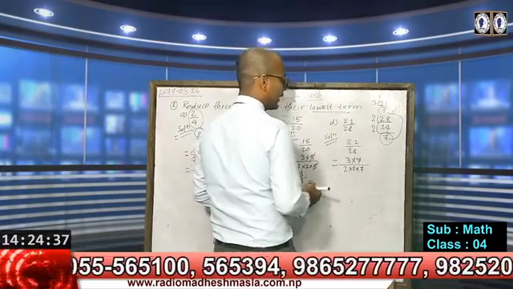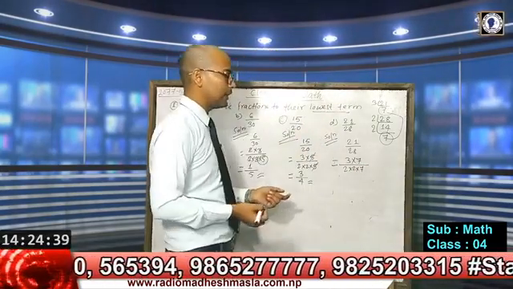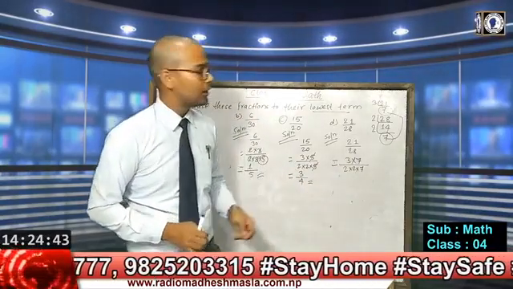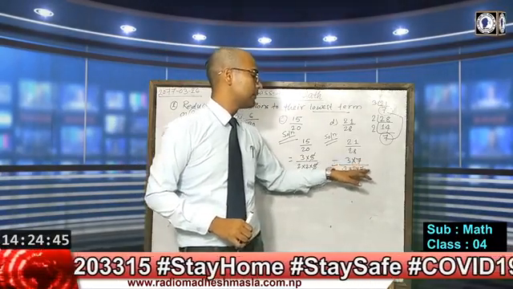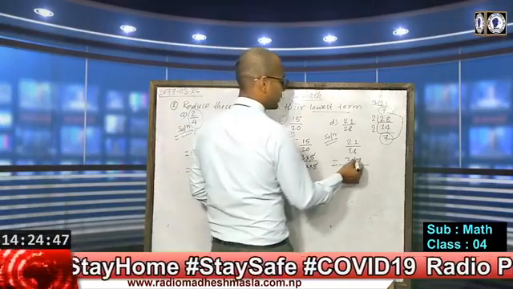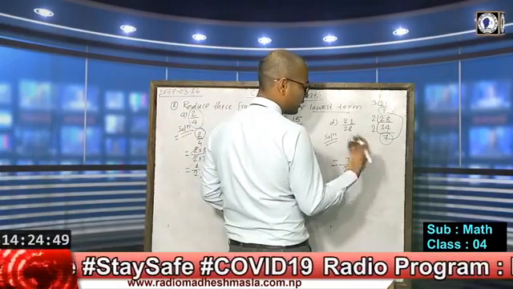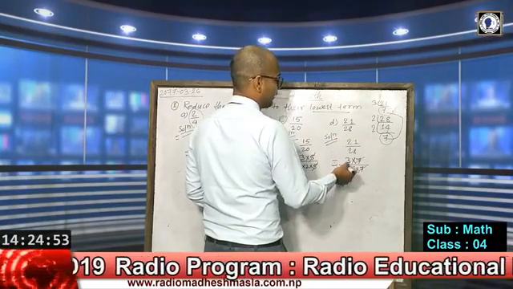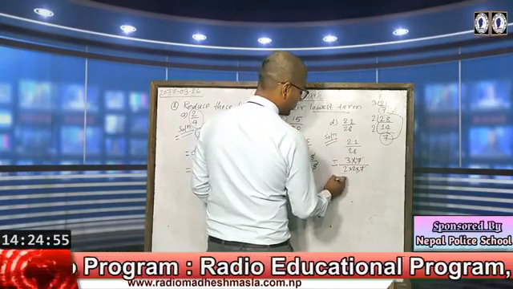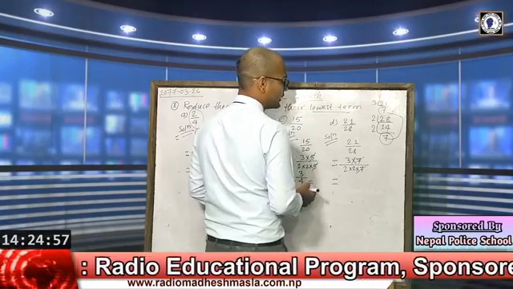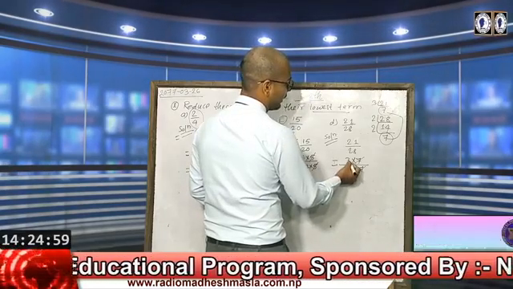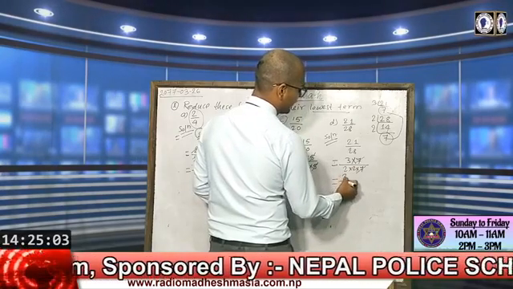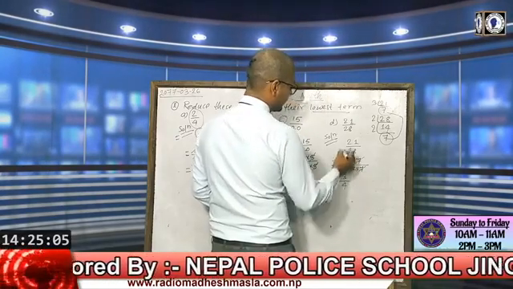Then we should cancel the common factors from them. Here the highest common factor is 7. So we cancel the highest common factor, or all the common factors in the numerator and denominator, and then we write the remaining non-common numbers. Here the numerator is 3, and the denominator is 2 into 2, which is 4.